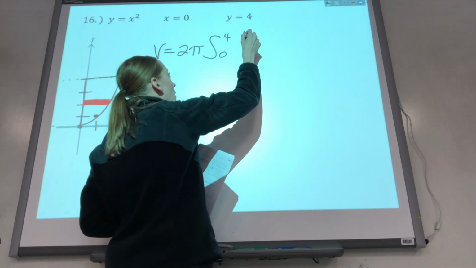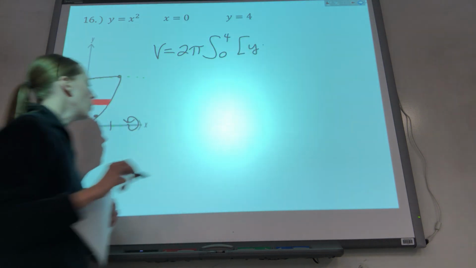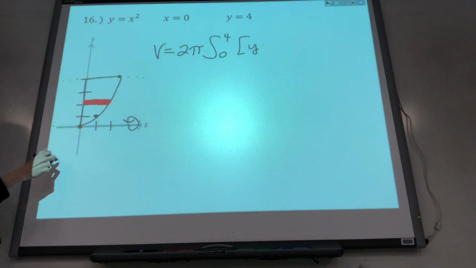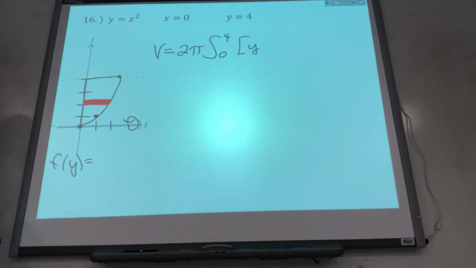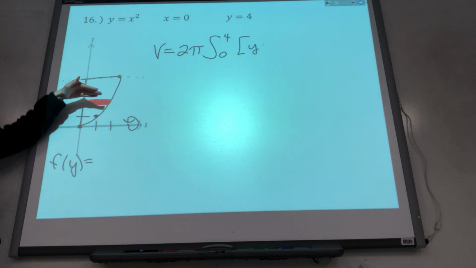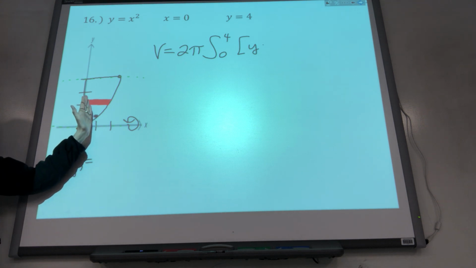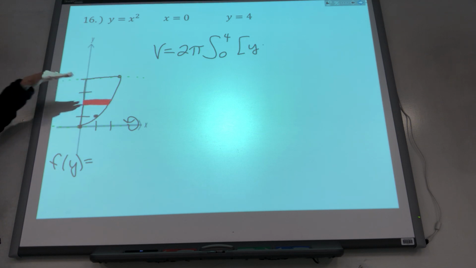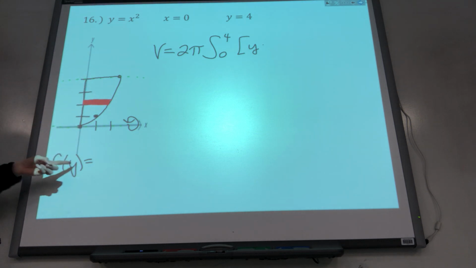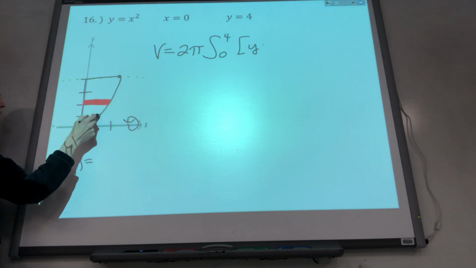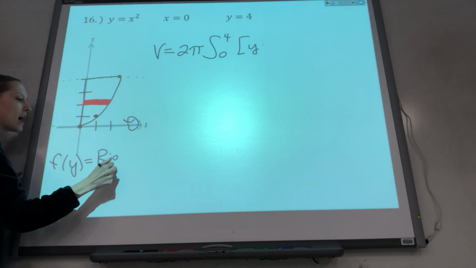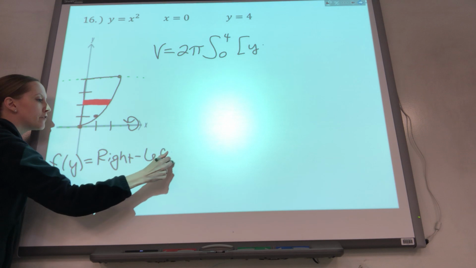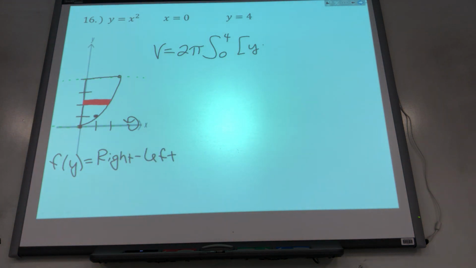Okie doke. Now, the part in here was always y times f of y. And remember with the shell method, f of y is the height of the shell. If the shell was going this way, it would just be whatever the function was on top. But now that our shell is kind of on its side, the way we get f of y is always function on the right minus function on the left.